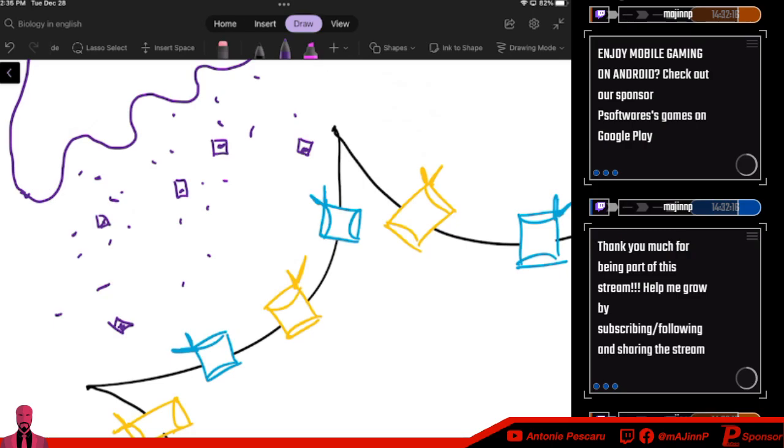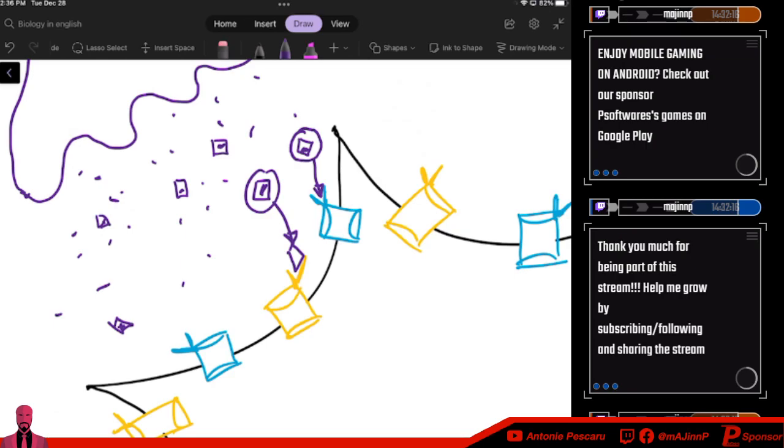So what adrenaline does is that it's going to go all the way to a ligand channel protein. It's going to attach itself right here. Let's assume this guy attached over here.